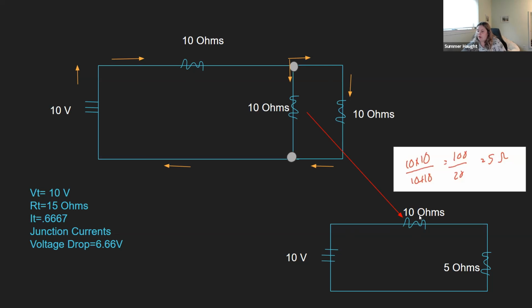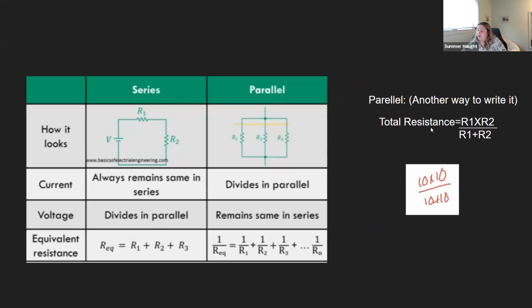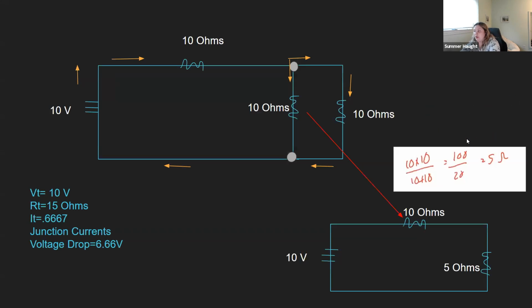So we already know by looking at this equation right here that in order to calculate total resistance in parallel, you can use this equation, R1 times R2 over R1 plus R2. So that's why they did this right here. And that's why in the YouTube videos, they did this.